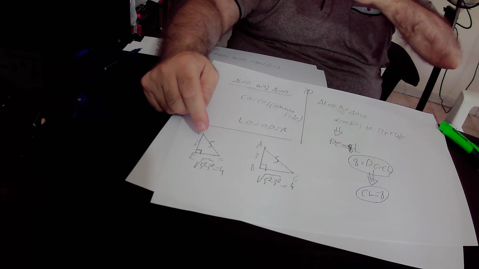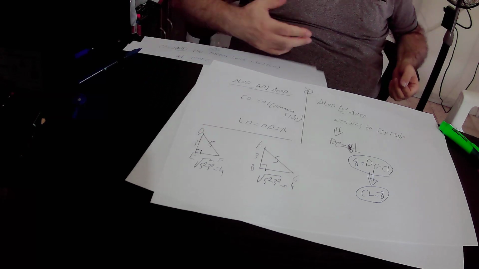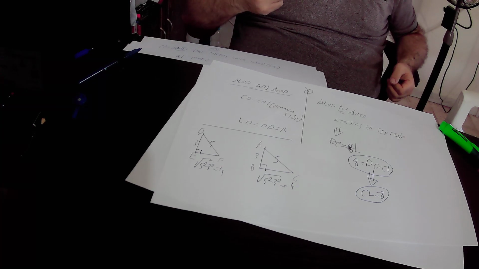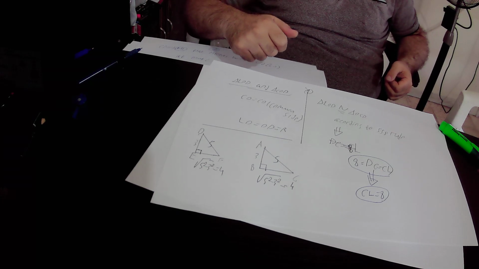Okay? So when we prove that the hypotenuse and one perpendicular in those two right triangles are equal, the third side must also be congruent.